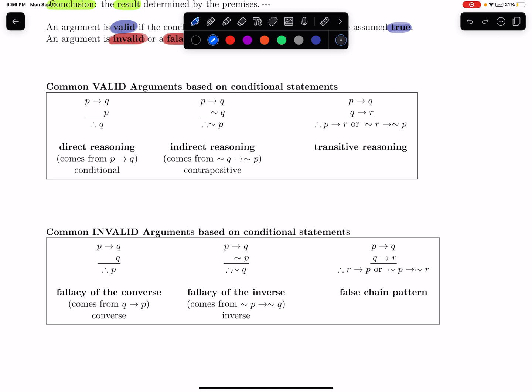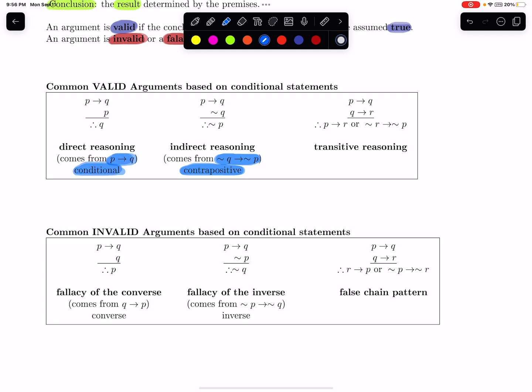If you remember what we talked about last time, recall that the conditional statement, if P then Q, was logically equivalent to the contrapositive statement. For that reason, we are going to get valid arguments coming out of those two formats.